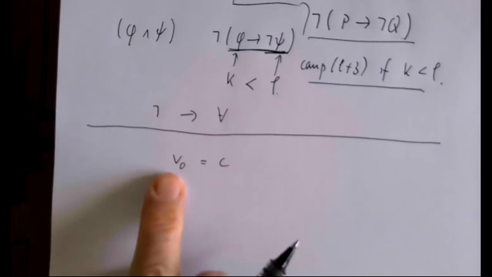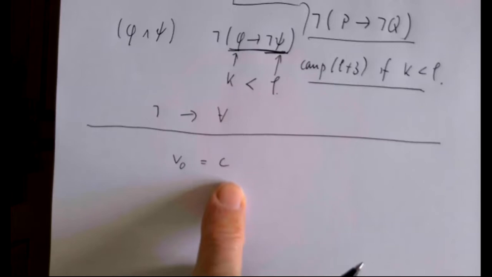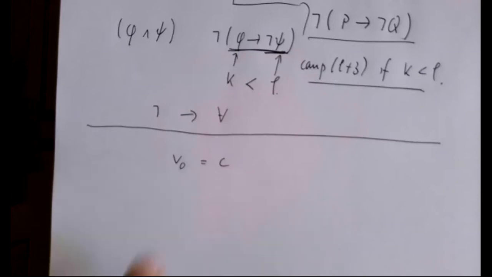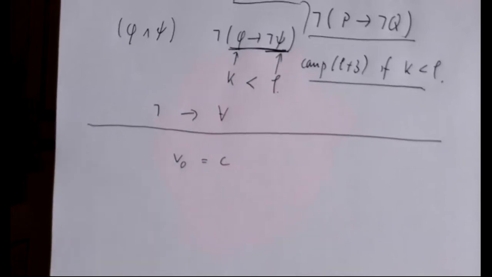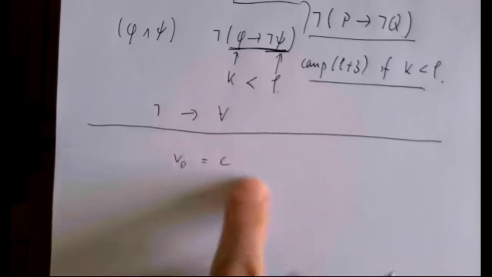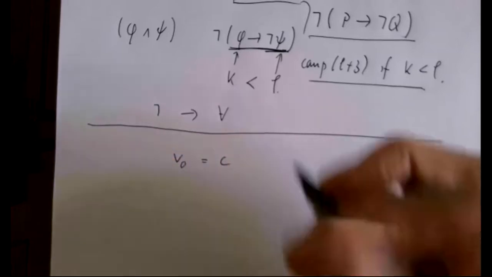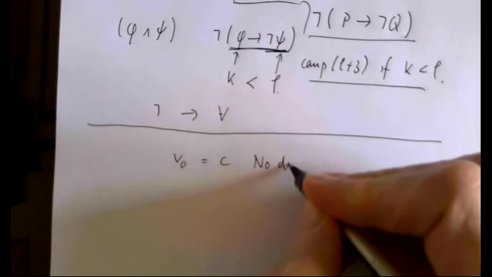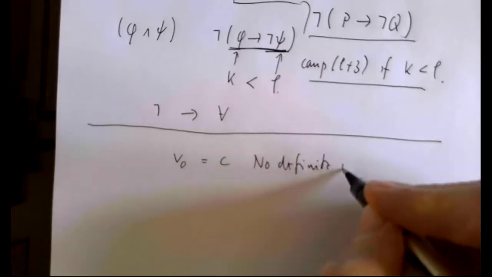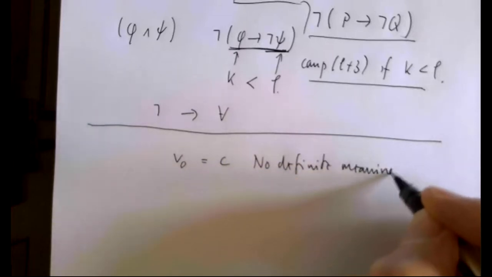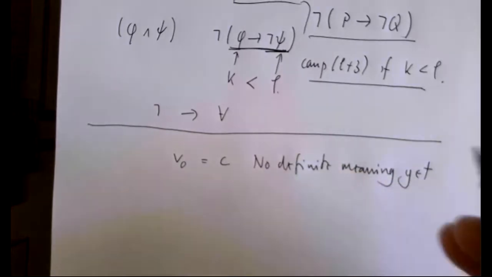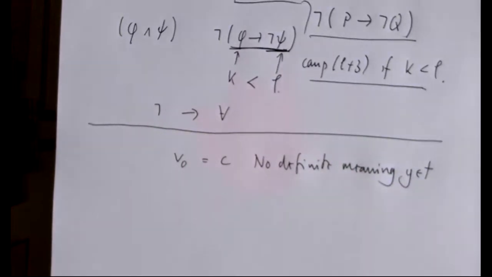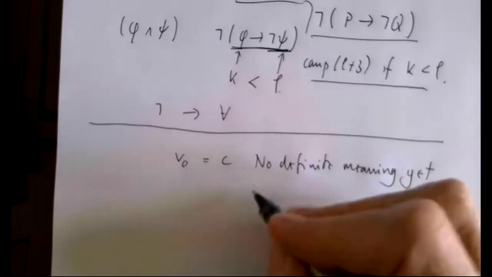On the other hand, if I assigned V0 something different to what the constant C denoted, it would be false. So there's ambiguity here. This doesn't have any definite meaning. So when we come to interpretations, it's got no definite meaning yet. It depends on the assignment of V0.